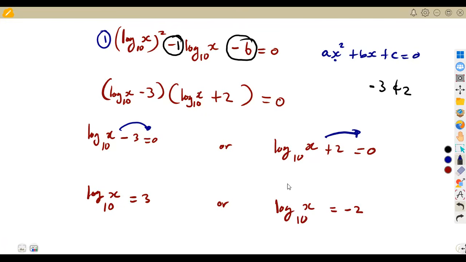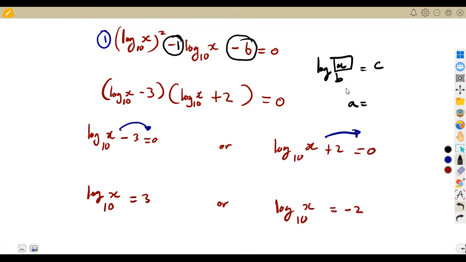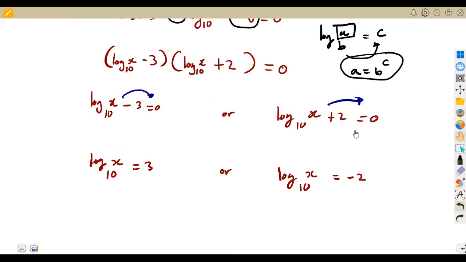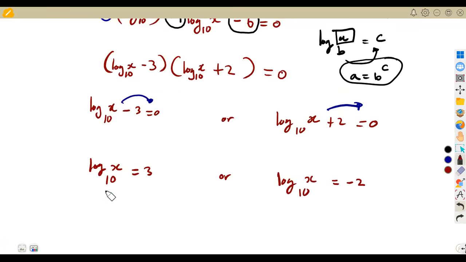Remembering from our logarithms, if I am given the logarithm of A in base B is equal to C, it follows that A is equal to the base to the exponent of C, which is B to the exponent of C in exponential form. So we can find x, where A is represented by our x.